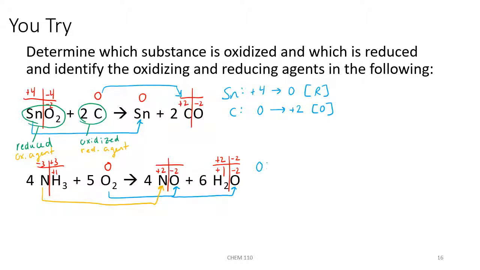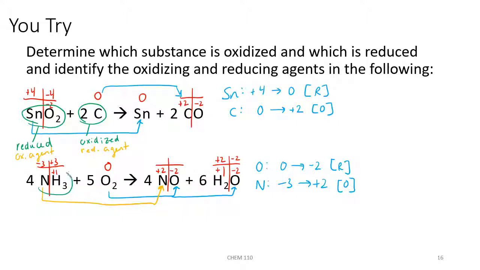So our changes are our oxygen went from 0 down to -2, so it decreased in oxidation number, therefore it was reduced. Our nitrogen went from a -3 oxidation number up to a +2 oxidation number. It increased in oxidation number, therefore it was oxidized.